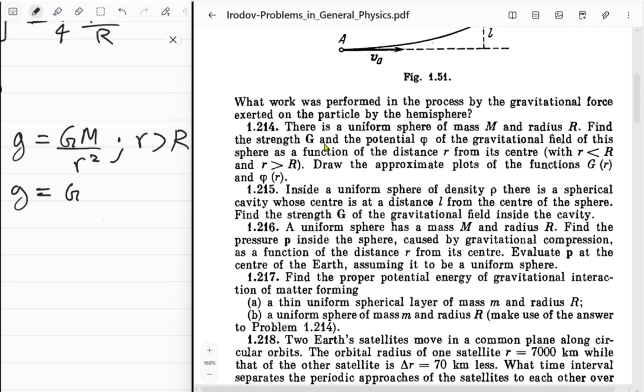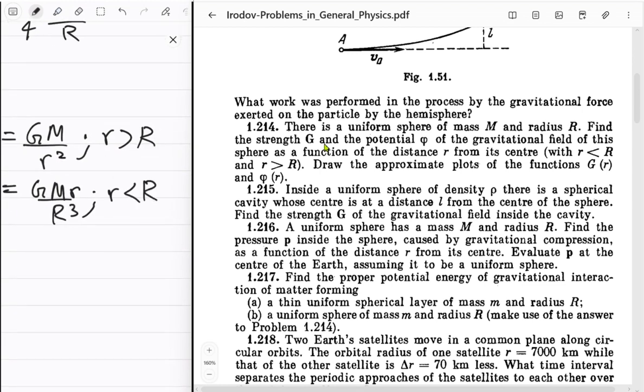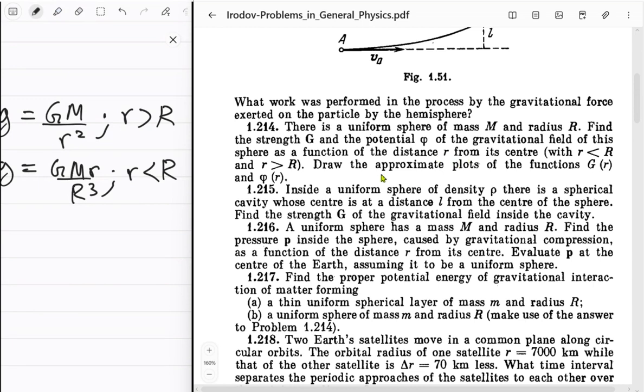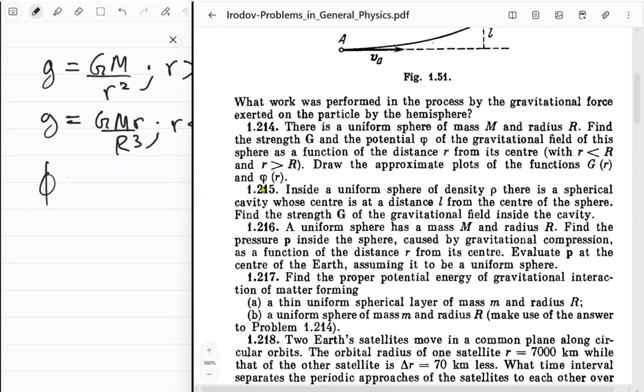GM upon capital R squared was the field at the surface, now r upon R of that. So basically GM r upon capital R cubed. And also phi of r, which is the potential.